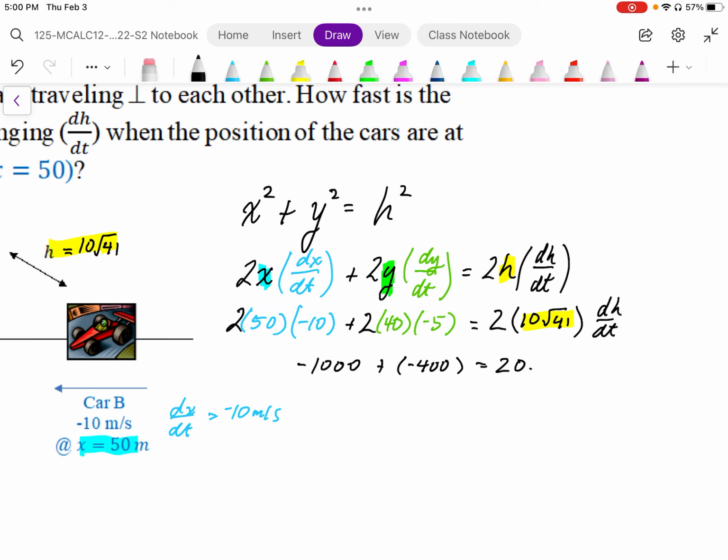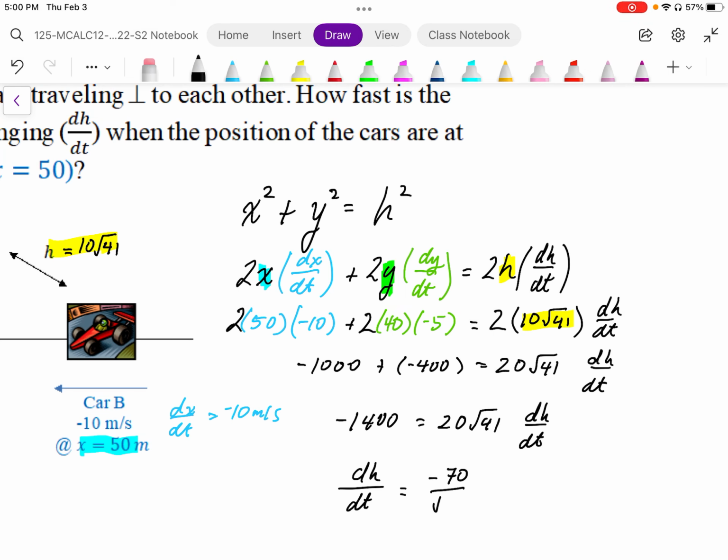This becomes 20 root 41 times dH by dt, and then I can just solve algebraically for dH by dt. So negative 1400 is equal to 20 root 41 times dH by dt. So solving for dH by dt, I get negative 70 over root 41.